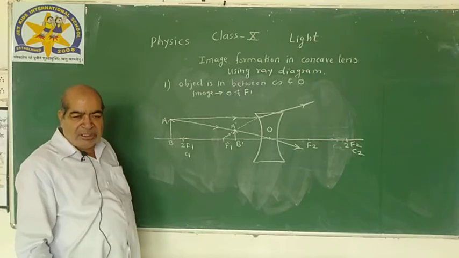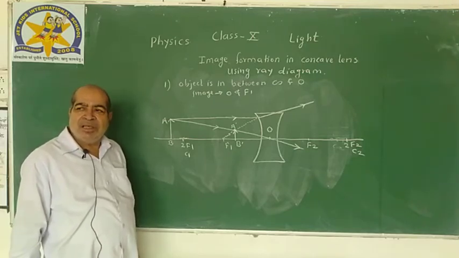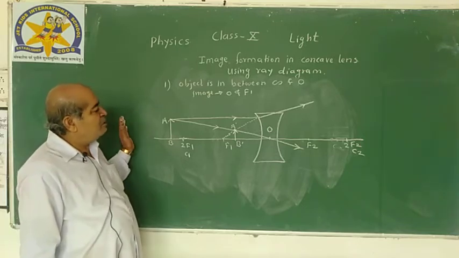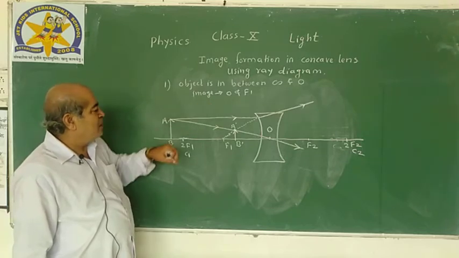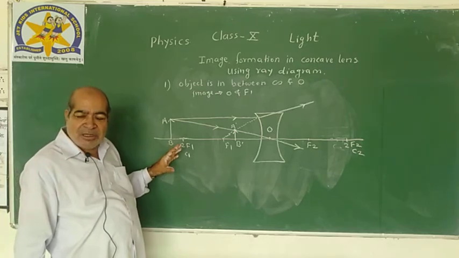So this is the image formed by the concave lens when the object is in between infinity and the optical center. So which rules are used here?